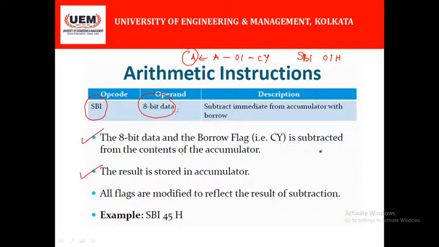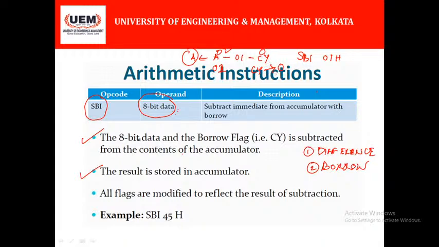The result is stored in the accumulator. Result means we know that after the subtraction there are two results: one is difference and another one is borrow. If my borrow is initially 0 and the value of the accumulator is 02, then my difference will be 01 and my borrow will be 0.